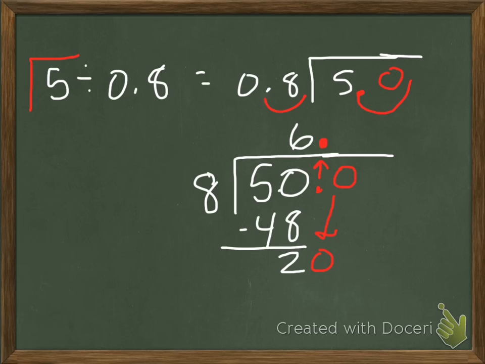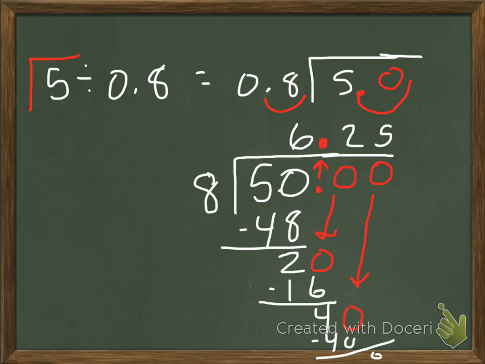So now I have 8 into 20. Goes 2 times. I have 4 as a remainder, but we don't want remainders. So I'm going to add another 0, bring it down, and 8 goes into 40 5 times. So my answer is 6.25.